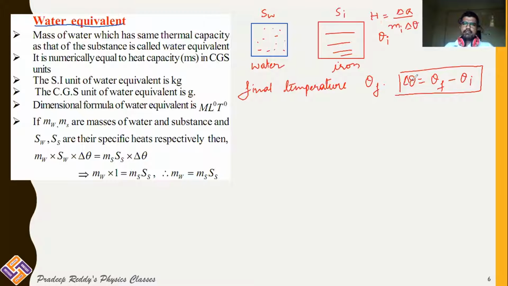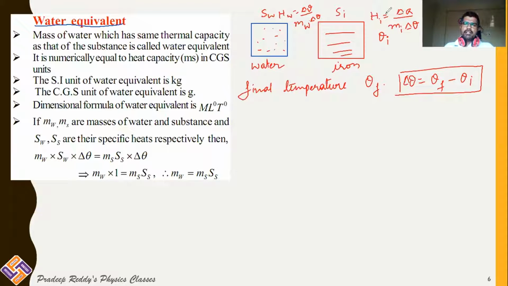This is the heat capacity of the iron. And the heat capacity of water HW is equal to delta Q divided by mass of water into delta theta. They both have individual specific heats. Therefore, the heat capacity of water and the heat capacity of iron are different.